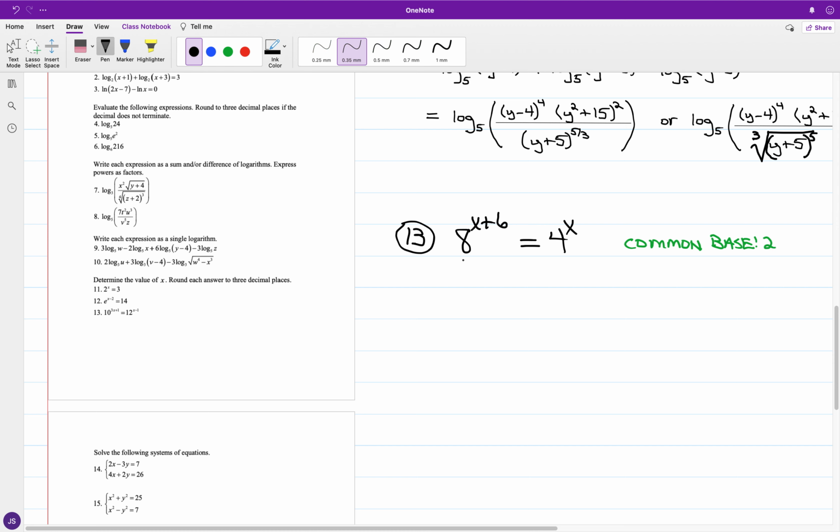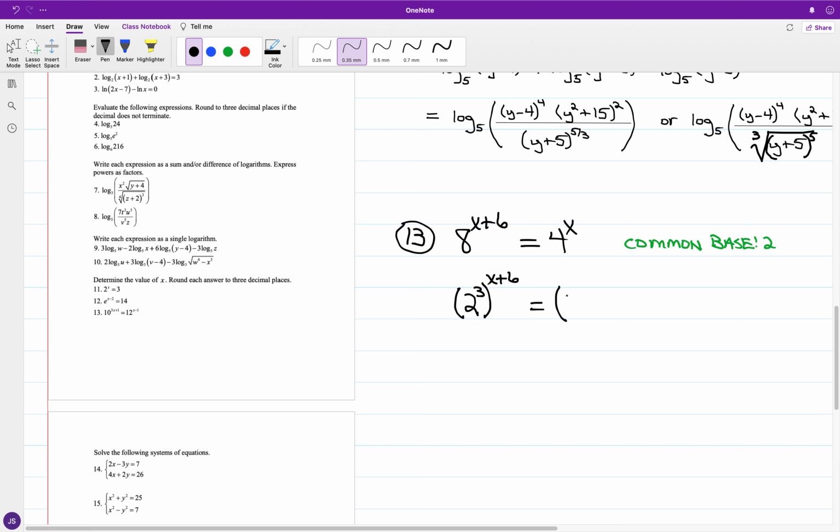And so if I rewrite both of these expressions in terms of base 2, now 8 is going to be 2 raised to the third. And for 8 to the x plus 6, this would be 2 to the third raised to the x plus 6.